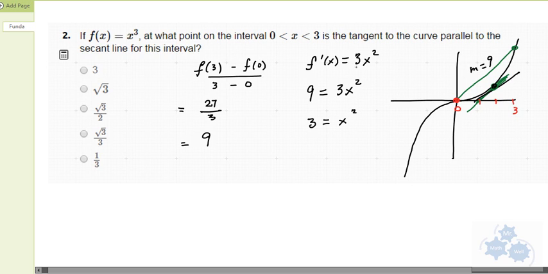Right? So 3x squared equals 9. x is root 3. Again, plus or minus. Well, there's no negatives in the interval, so it's got to be the positive version. And so there's your answer right there. Root 3. Okay, does that make sense?